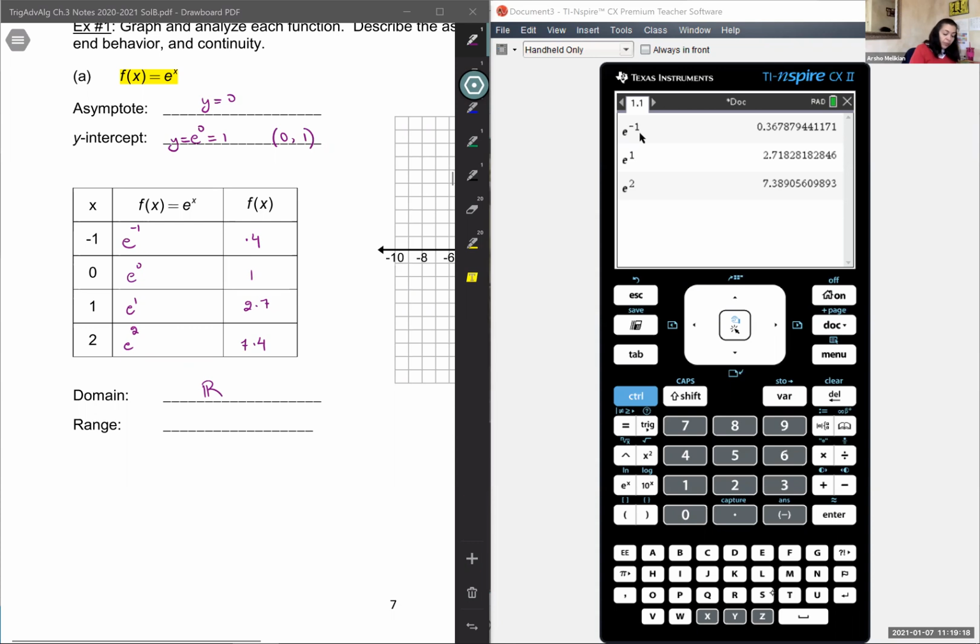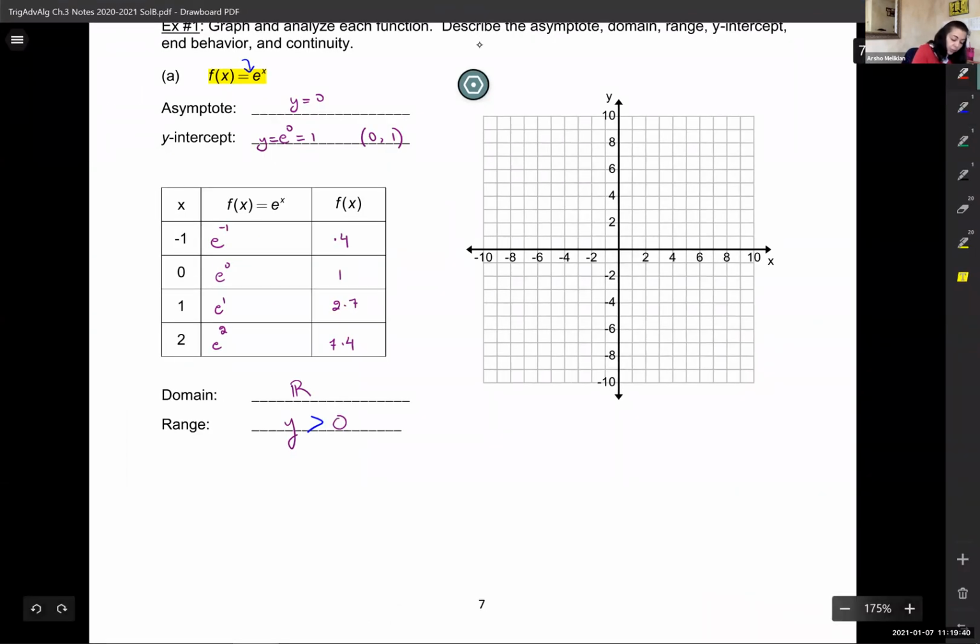Let's see if we can predict the range. Remember how the range was always y is greater than or less than whatever the asymptote is? And remember how yesterday I said you look at the coefficient of the function. If it's positive, it's greater than the asymptote, and if it's negative, it's less than the asymptote. Let's see if our prediction was right. Let's graph this guy.